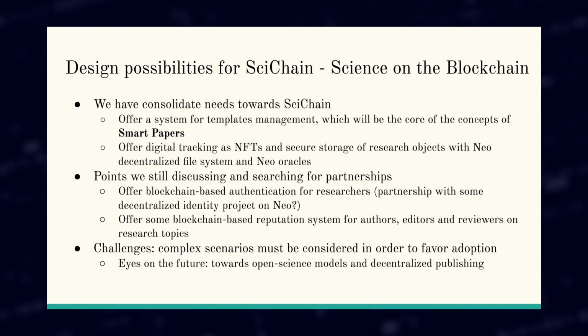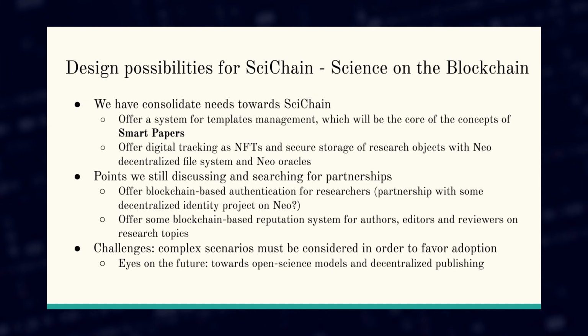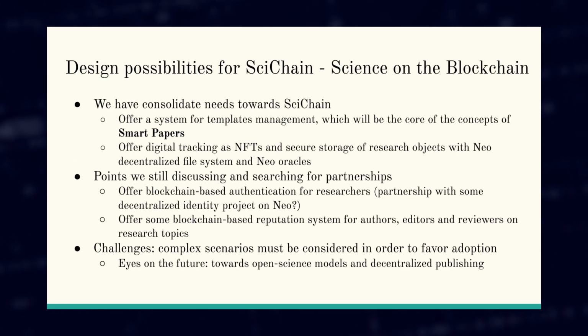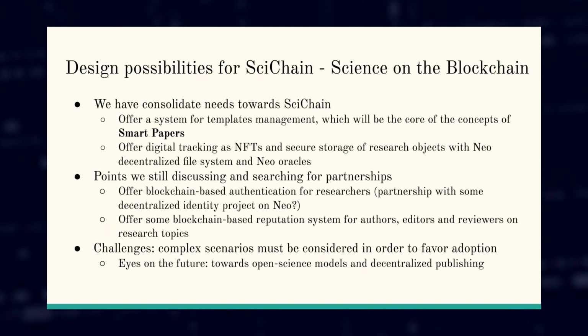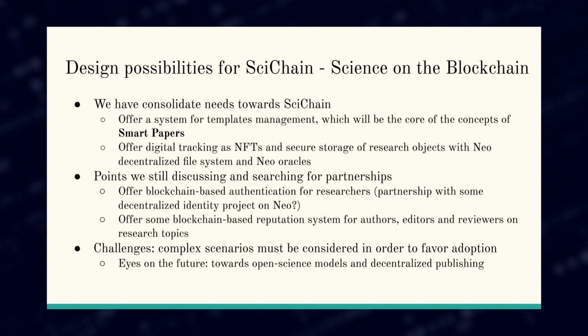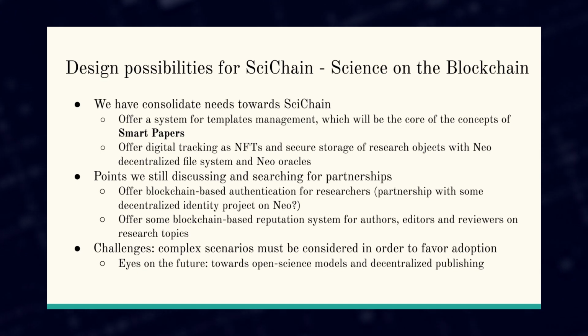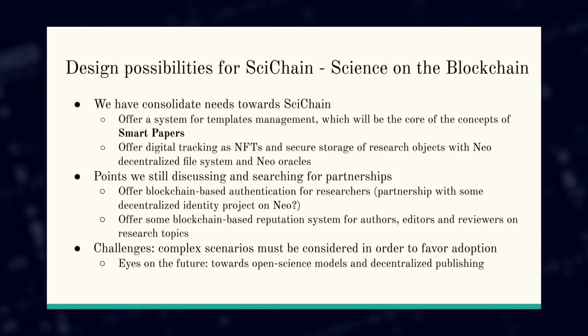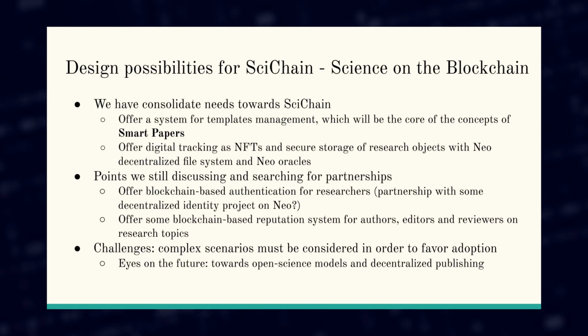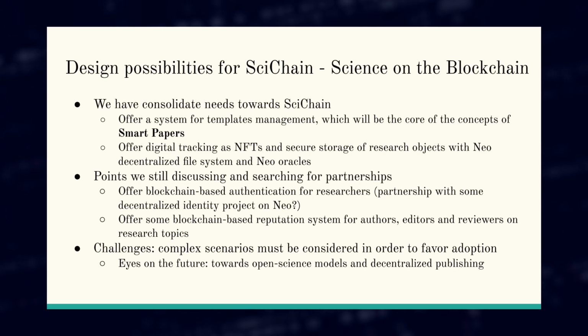That's why we evolved in this aspect in the last 2 months, and we consolidated also that we need to use NFTs and secure storage that we have on Neo already. We have NeoFS. We can also make connections with IPFS, and we are still discussing regarding authentication for those who are going to use the system.